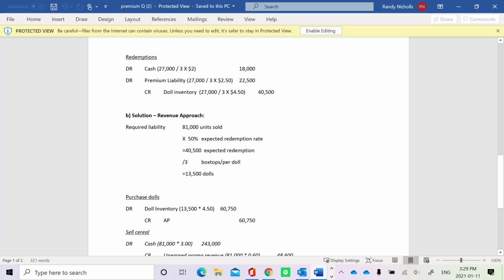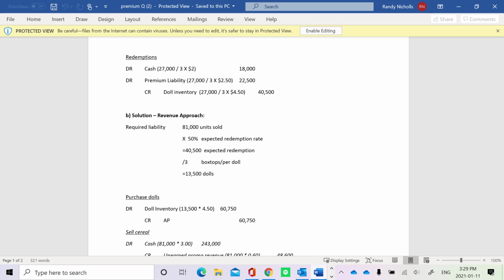And if you see the redemptions, when customers send in box tops, they send in $2, so that's the cash. We send them a doll, so that's the doll inventory, and the difference comes out of our liability. Right? The doll costs us $4.50. The customer sends us $2, so we have a net liability per doll of $2.50.